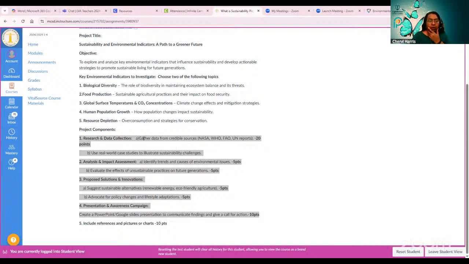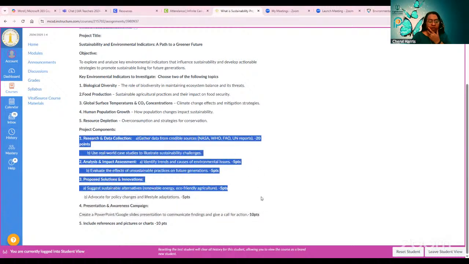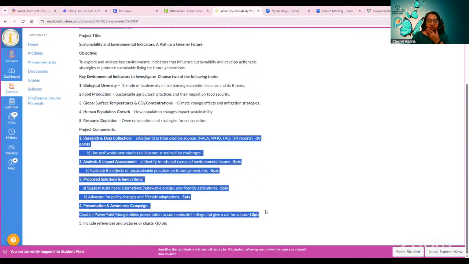No. Okay, so up here on this one, it says gather data from. You only need to gather data from, like I said, yours might only need the World Health Organization. Yours might only need the Food and Agriculture Organization. The UN might come in only if they have policies and regulations that you want to mention.